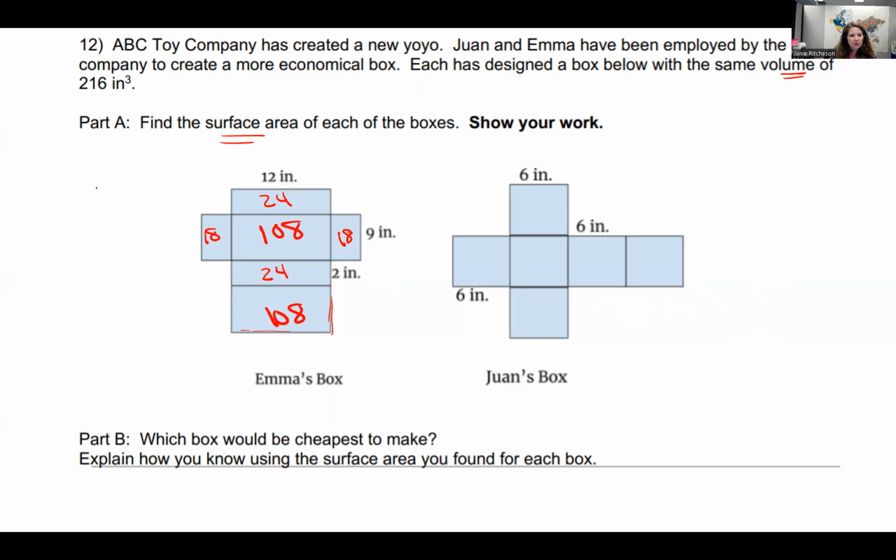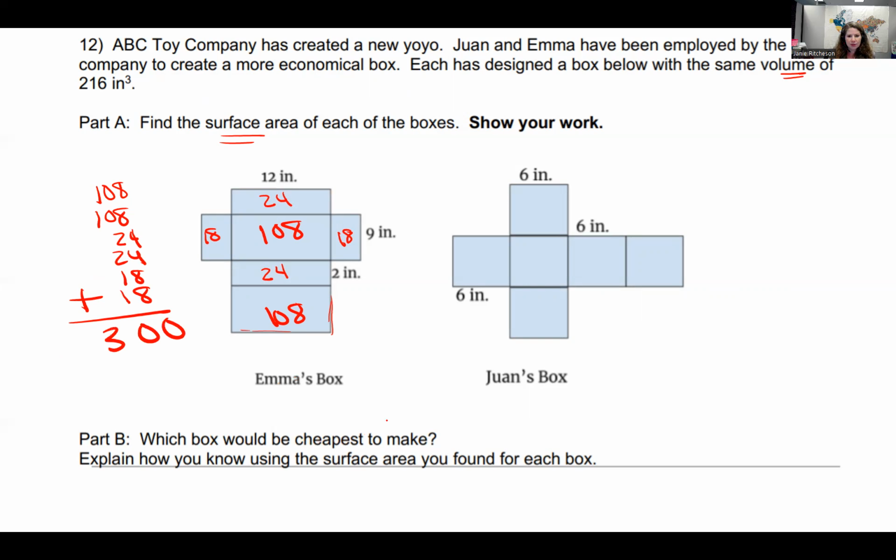All right, so we have 108 times 2, 24 times 2, and 18 times 2. So 108 plus 108 plus 24 plus 24 plus 18 plus 18 is 300.